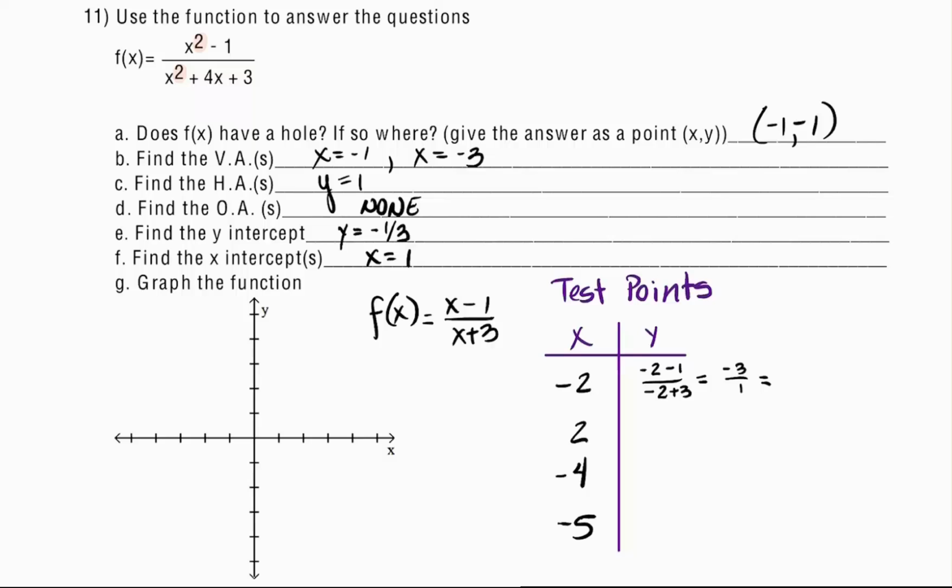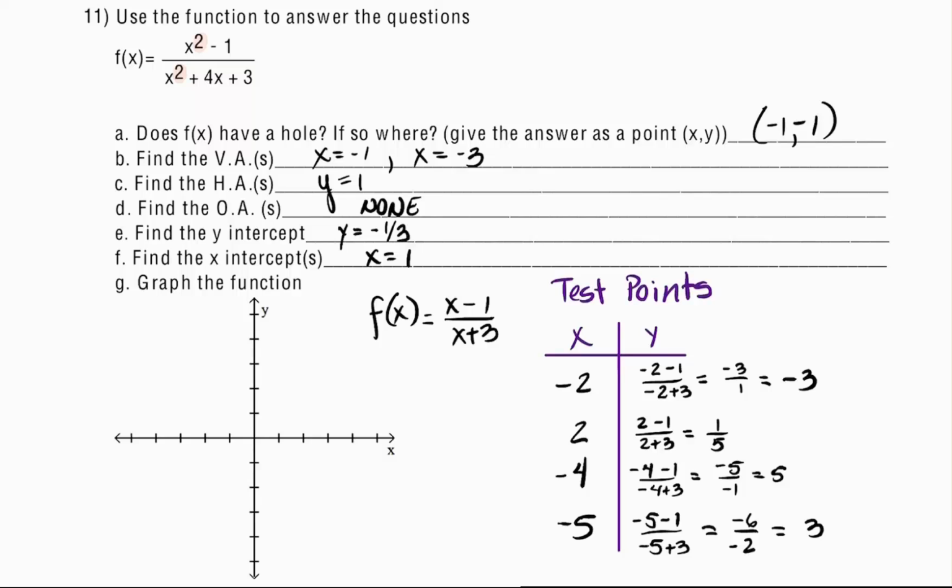And the first y value is -3. The second y value is 1 over 5. The third y value is 5. And the fourth y value is 3.